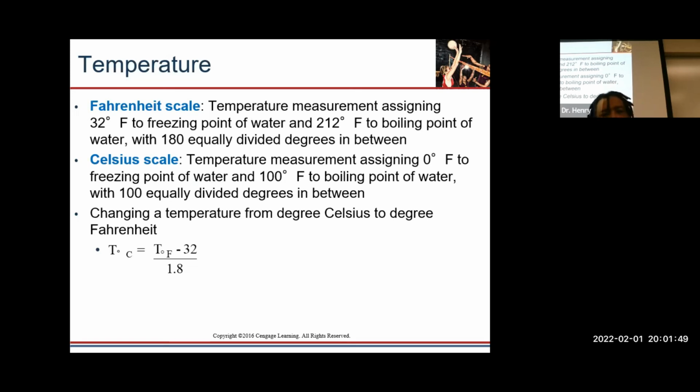Okay, so temperature. We've already kind of talked about temperature, right? So to convert from Fahrenheit to Celsius, we basically use this equation. Temperature in Fahrenheit minus 32 divided by 1.8.